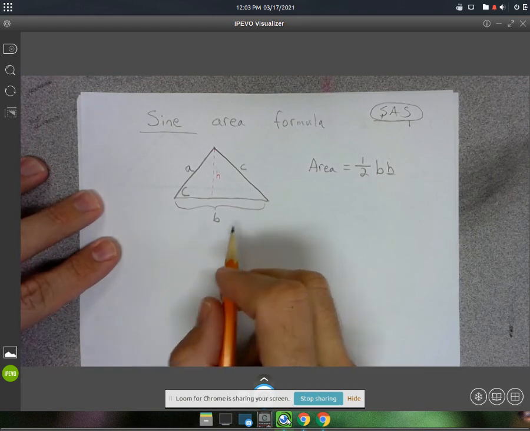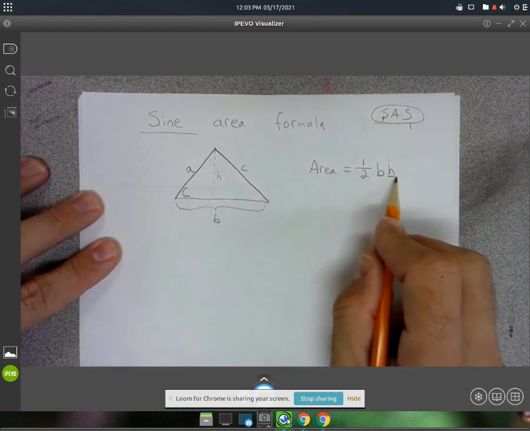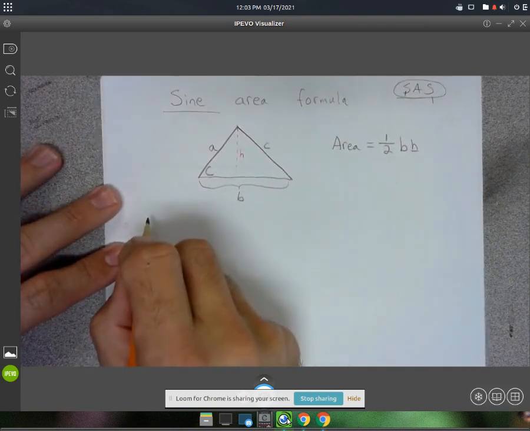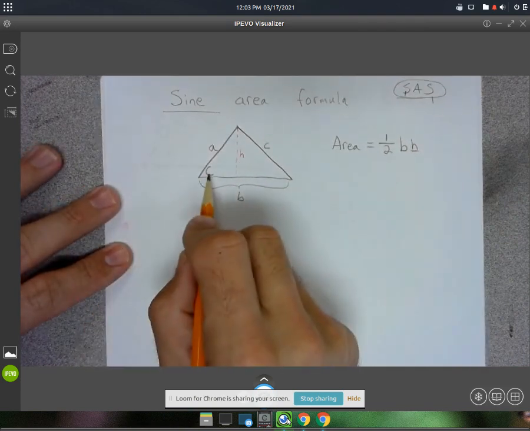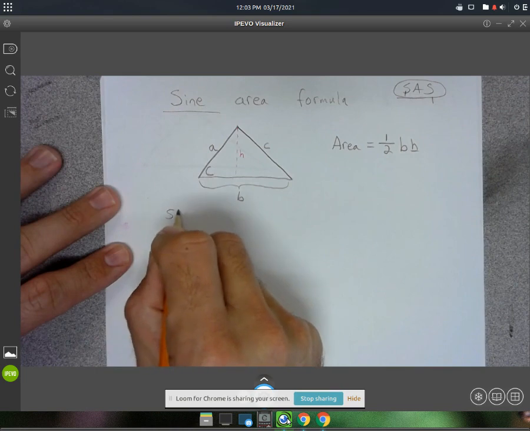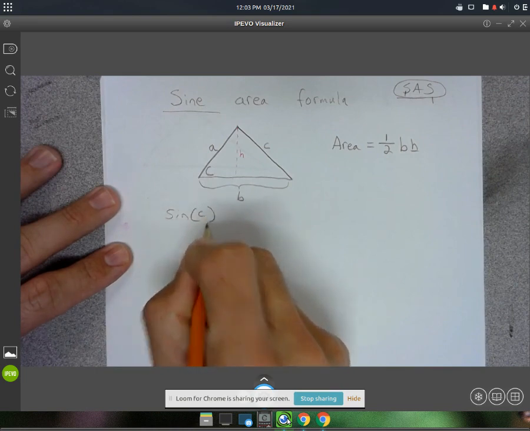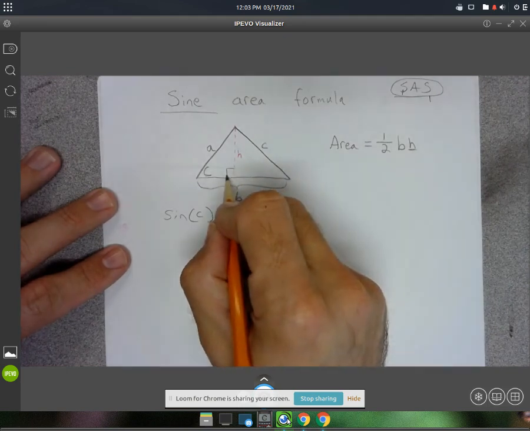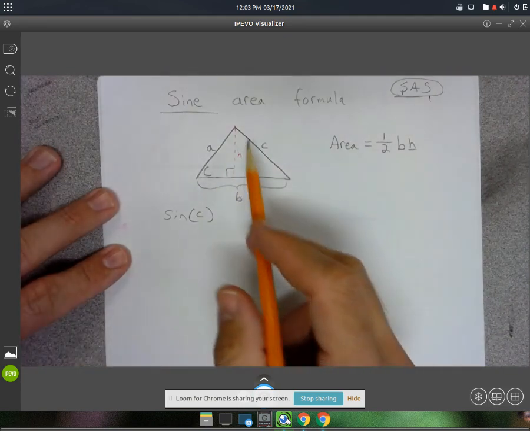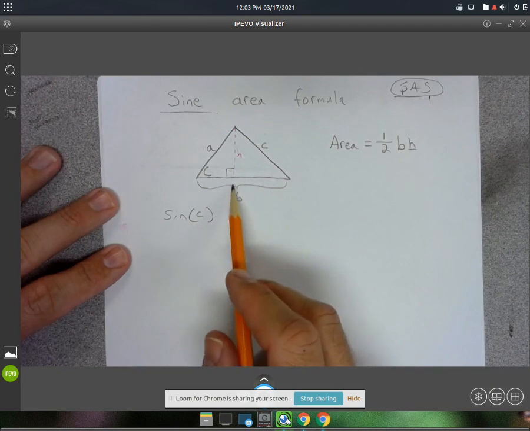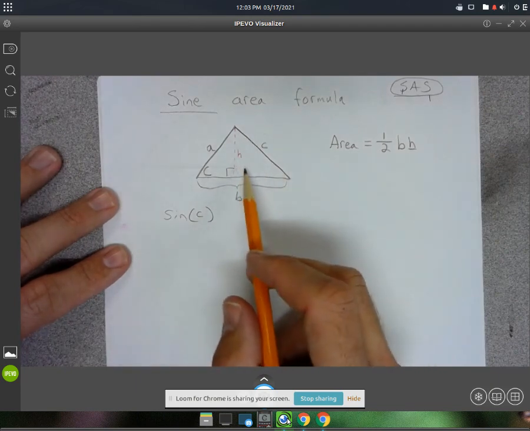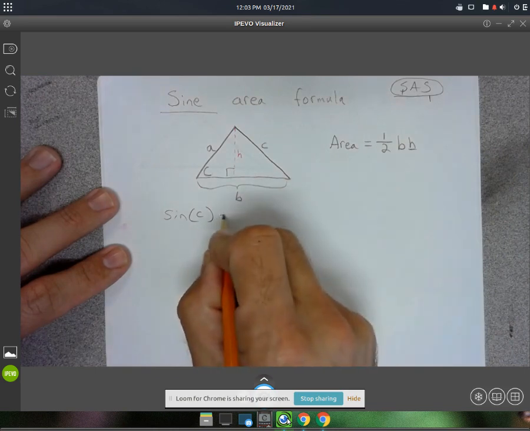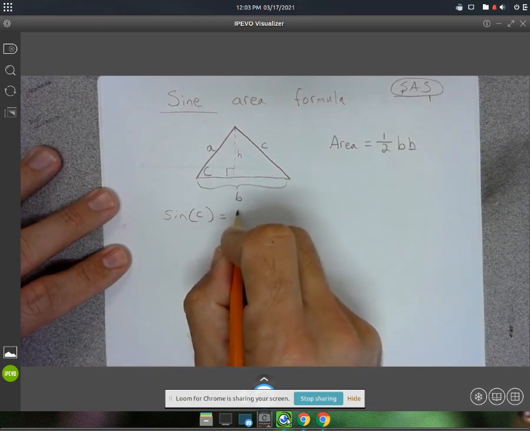All right. So instead of the h right here, because that pesky h is so hard to find sometimes, I'm going to find h in terms of c. Let me do sine of angle c. I've already got a right triangle built. So sine of c equals opposite over hypotenuse.